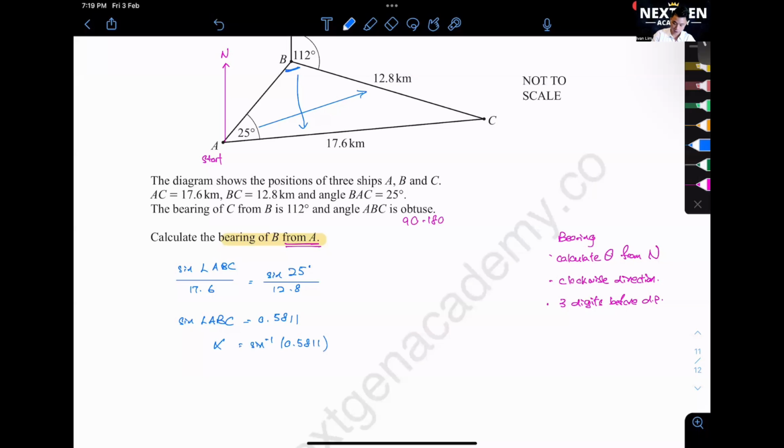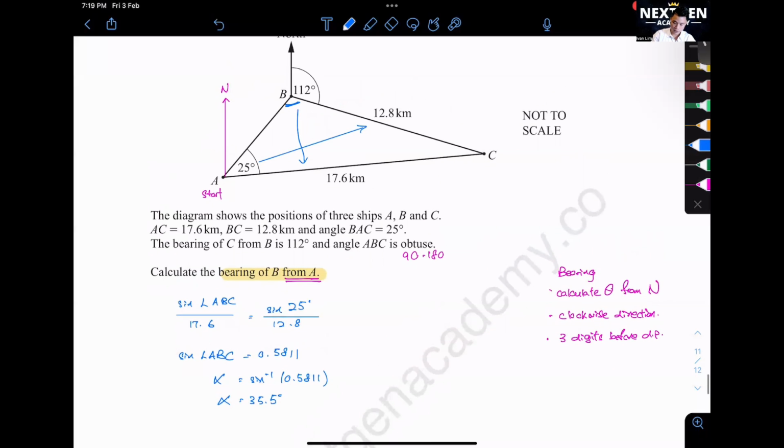Type in the calculator, you get 35.5 degrees for your base angle. Now ask yourself, they say ABC is obtuse. Is 35.5 an obtuse angle? No, it's an acute angle, so this is not 35.5.